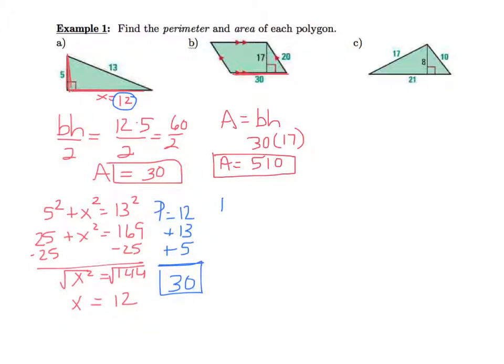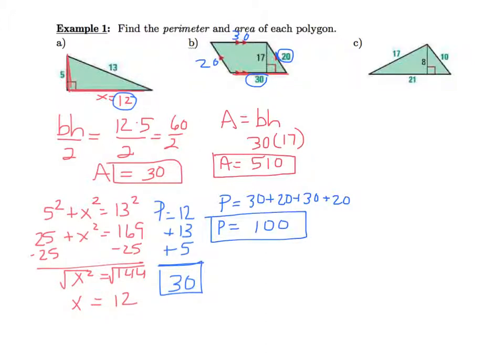Then perimeter is adding up all the sides. Since this is 30, then this is 30. And if this is 20, then this side's 20 because they're the same. So 30 plus 20 plus 30 plus 20 equals 100. So the perimeter of that parallelogram is 100.